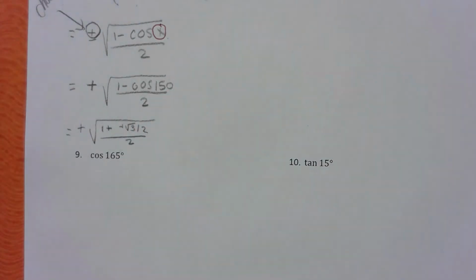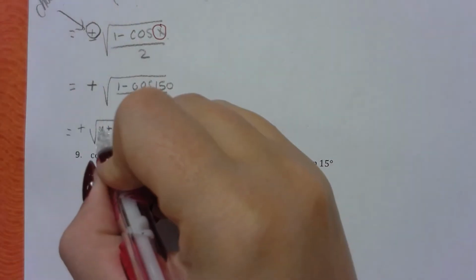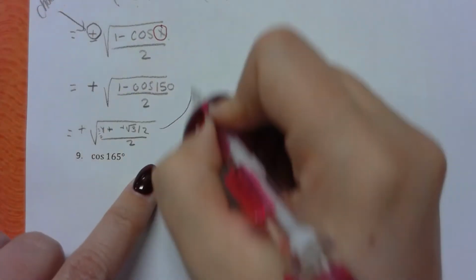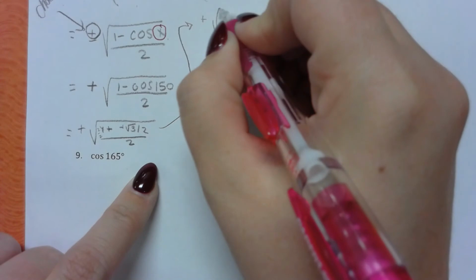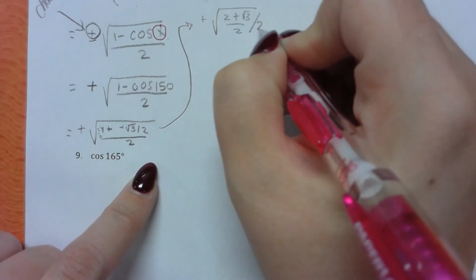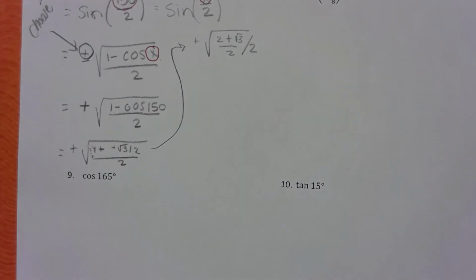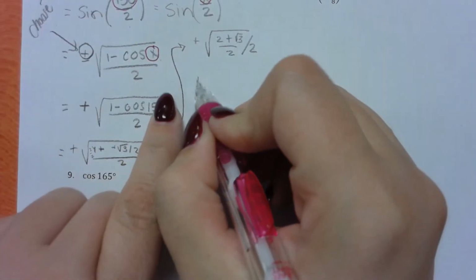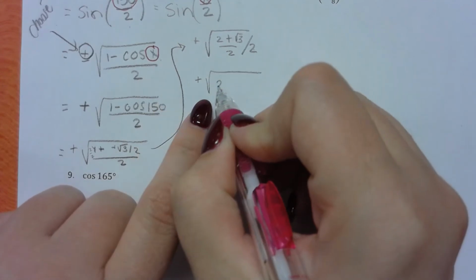Now, subtracting a negative means add. I could make this 1 a 2 over 2. So that gives us 2 plus root 3 all over 2 all over 2. Now remember, all over 2 means we're dividing by 2, which means we're multiplying by a half.